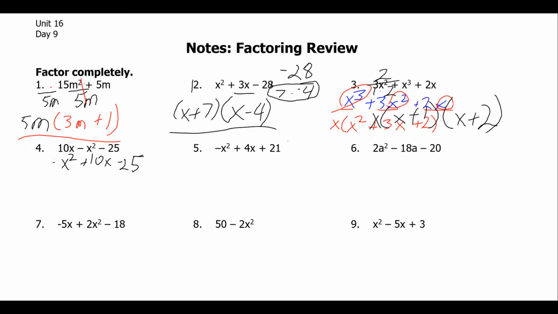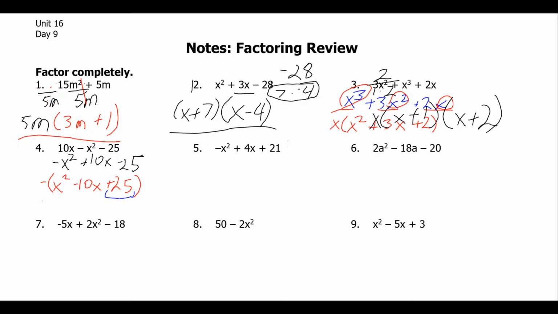Now the next thing that I want is to get rid of that negative sign on the front. So I'm going to have negative on the outside of x squared minus 10x plus 25.